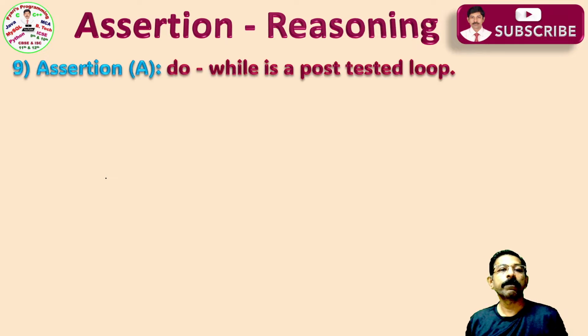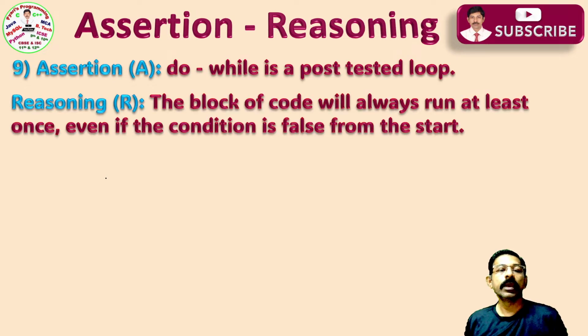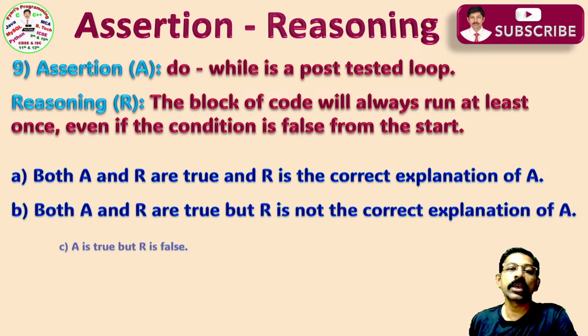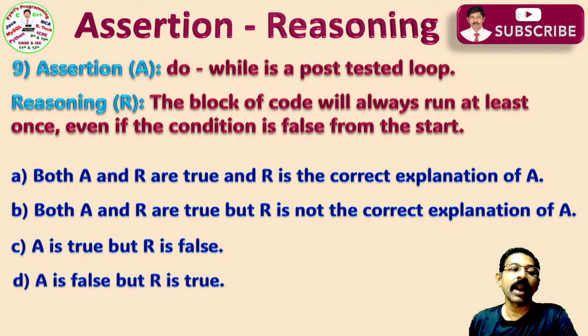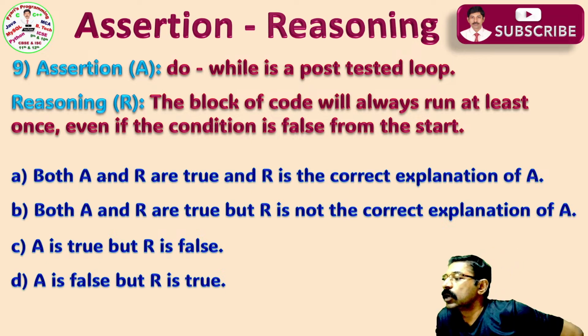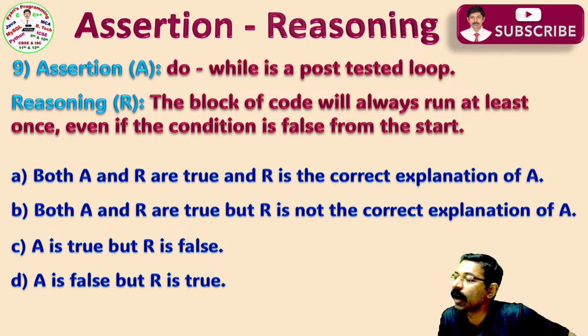Next one. Do while loop is a post-tested loop. Reason: the block of code will always run at least once even if the condition is false from the start. A is true since we use the for loop when we know how many times to iterate and while loop when we don't know how many times to execute.